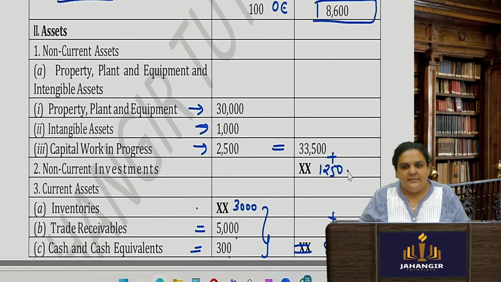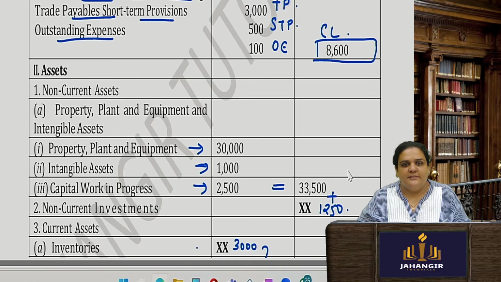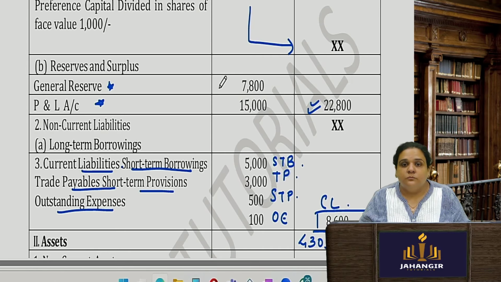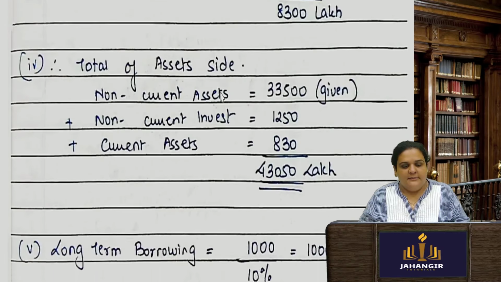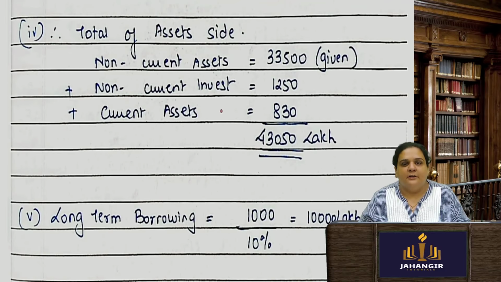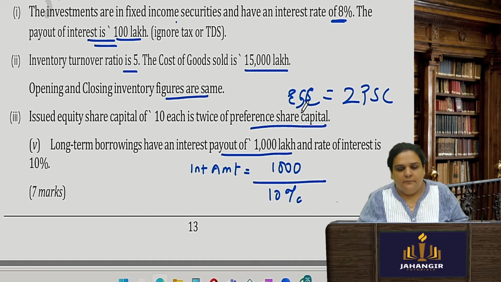So if asset side is total 43,050, liability side total also has to be 43,050. Chalo, no problem. Next is, so total of the asset side I have done. Non-current assets given, non-current investment and current assets. Okay, 8,300 it is.